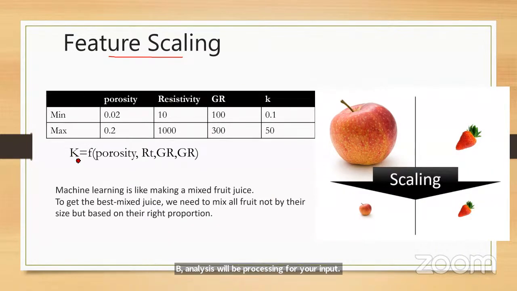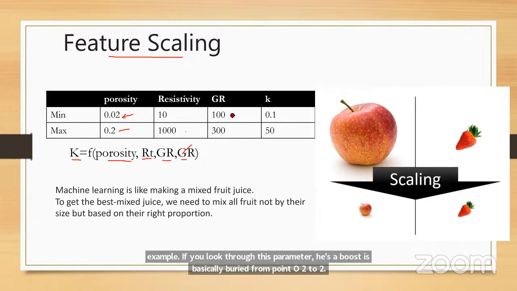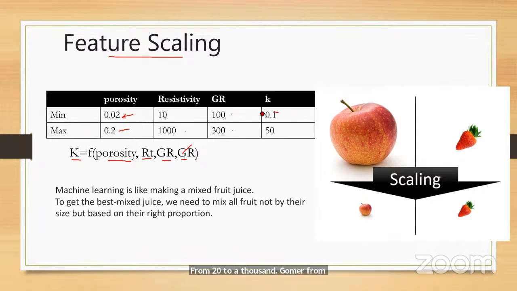A quick example here. Basically, I want to predict the permeability as a function of the porosity, the resistivity, the gamma ray, and the density. If you look at these parameters, the porosity varies from 0.02 to 2, resistivity from 10 to 1000, gamma ray from 100 to 300, and I want to have my permeability from 0.1 to 50. So you can see that all of my features, x1, x2, x3, have different ranges.